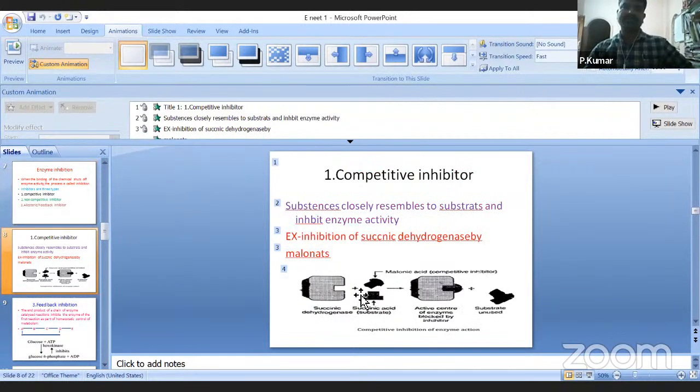For example, this is the competitive one, with succinic acid and malonic acid.